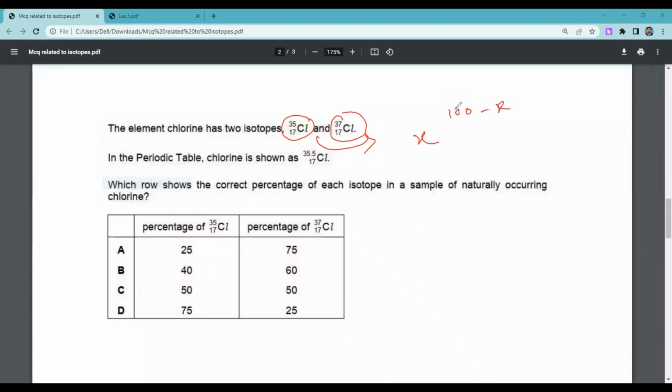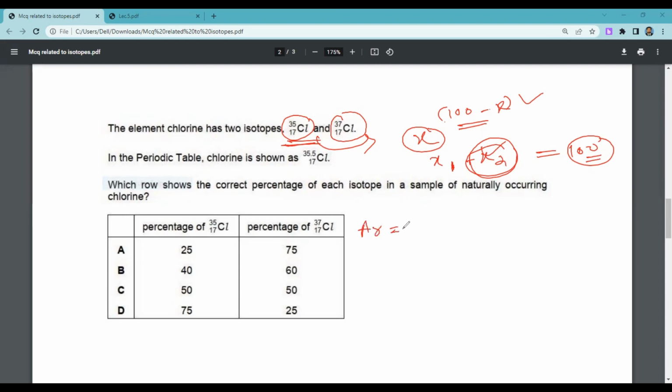Why I am writing this 100 minus x, I explained in the lecture also. I will also repeat, because the sum of the relative abundance of these isotopes will be equal to 100. If I denote them x1 plus x2, then it will be equal to 100. Therefore, if the value of x1 is known, then we simply subtract it from 100, and we will get the value of x2.